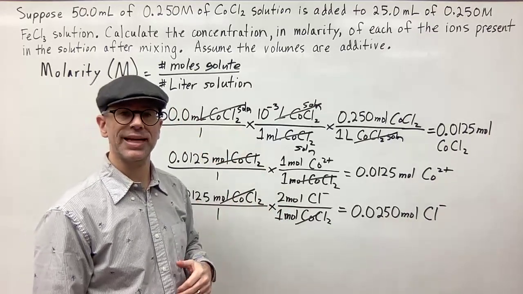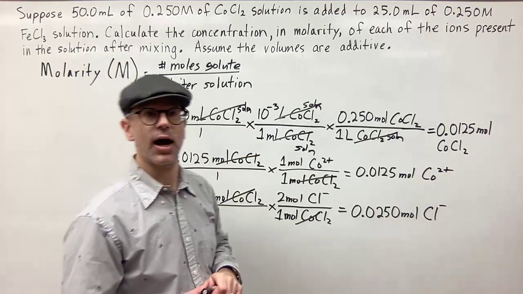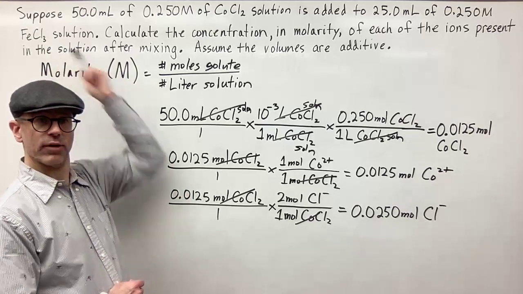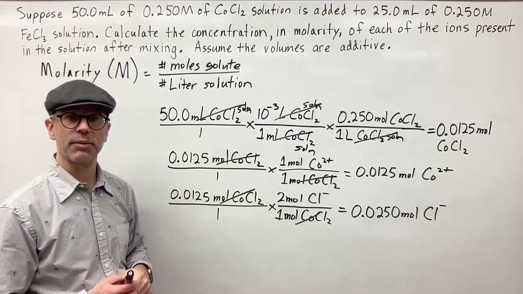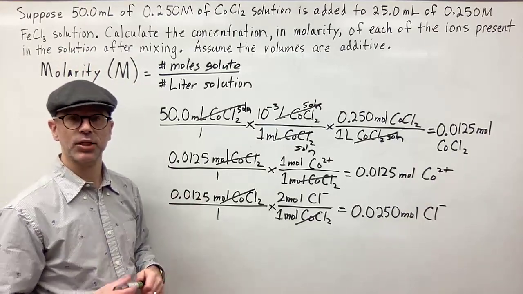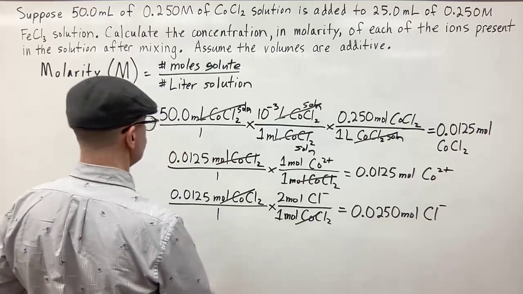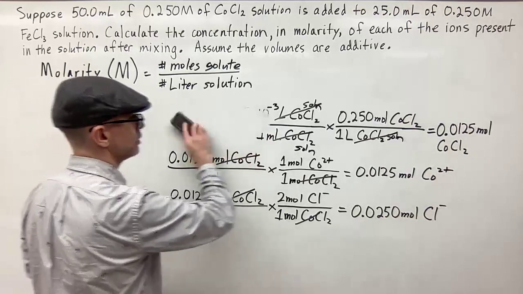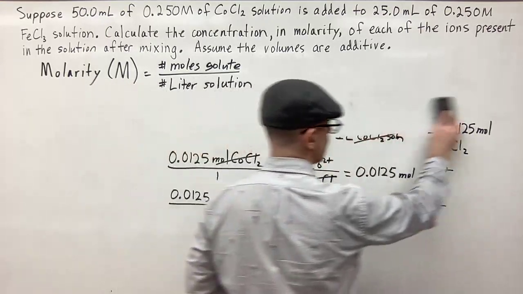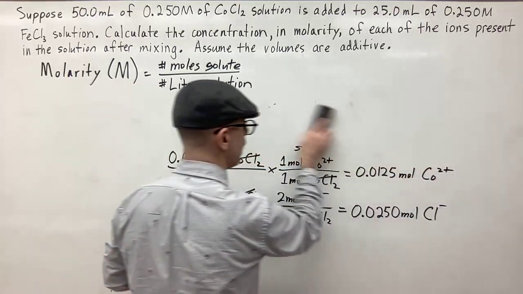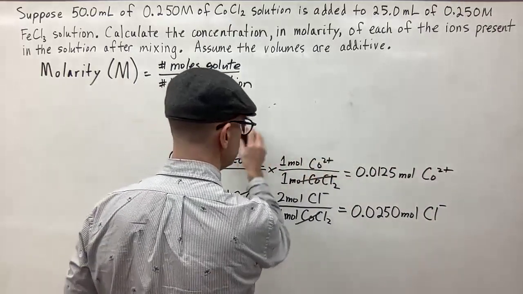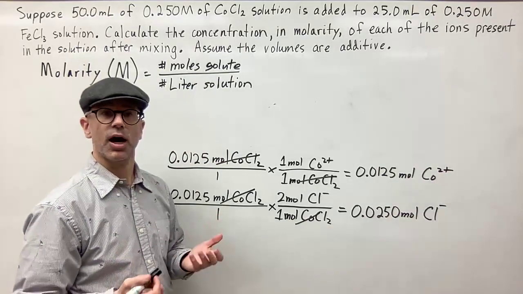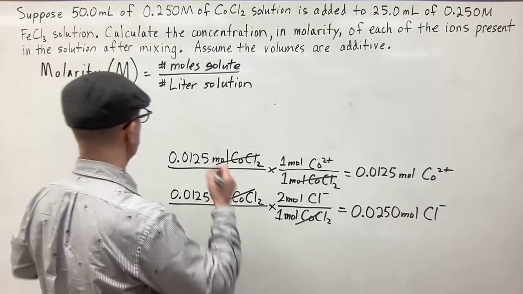Now let's do the next solution, which is our iron 3 chloride. So the iron 3 chloride right over there. So we have to do the same thing. We're going to take 25 milliliters. So I'm going to erase this since we don't need to use this anymore. And I'm going to calculate moles of the iron 3 chloride.